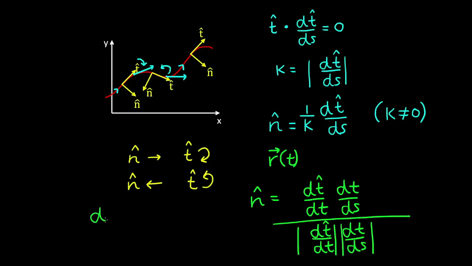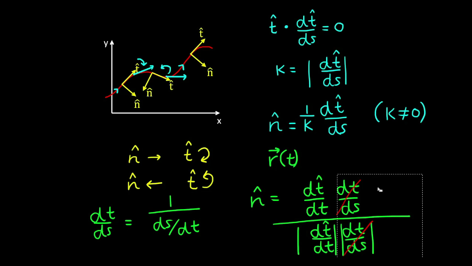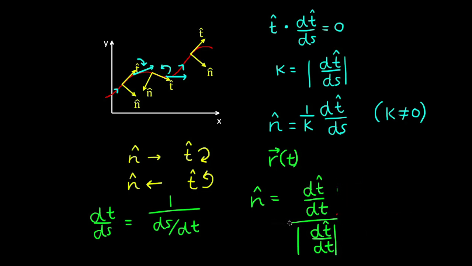And given that dt/ds is the reciprocal of ds/dt, and ds/dt is always positive for a smooth curve, then these two expressions cancel. So if we get rid of these terms, this is our principal unit normal vector written in terms of the parameter t.